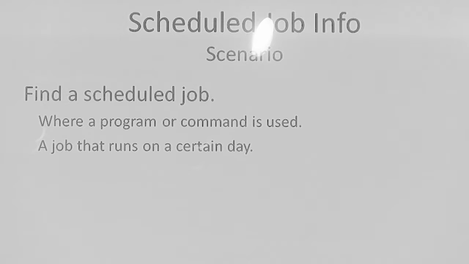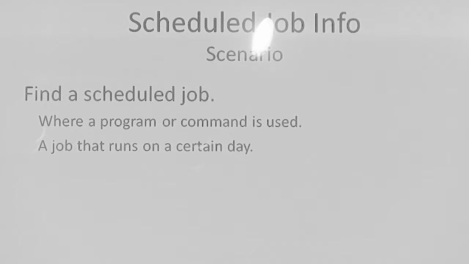Scheduled job information. In fact, I used this view this afternoon to look up something. One of the things is where a program or a command is used in a scheduled job. We have a SaaS box or cloud box with 3,200 or so jobs in the job schedule. I don't really want to do it the hard way, the long way.